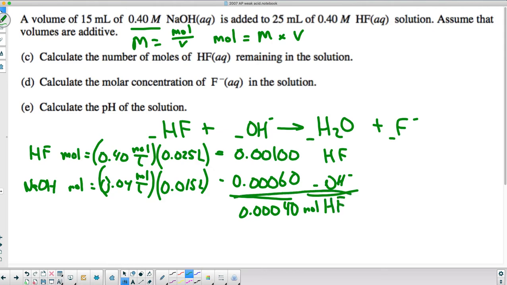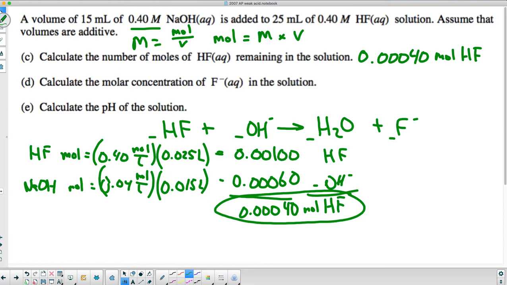This is the number of moles of HF. All I did was subtract the two once I converted them to moles. Okay, so that was letter C. Good. How about letter D?